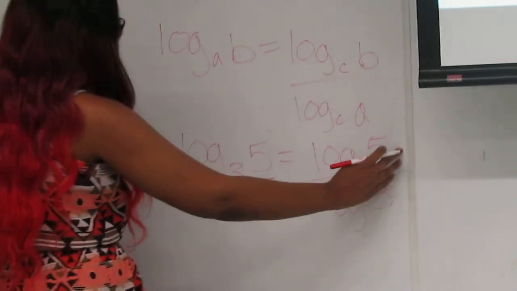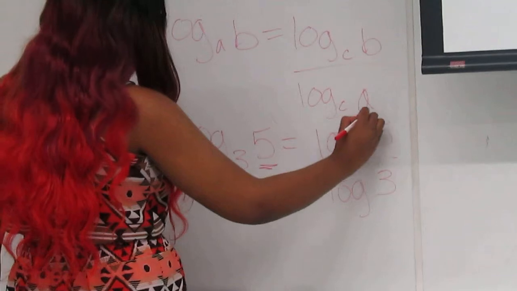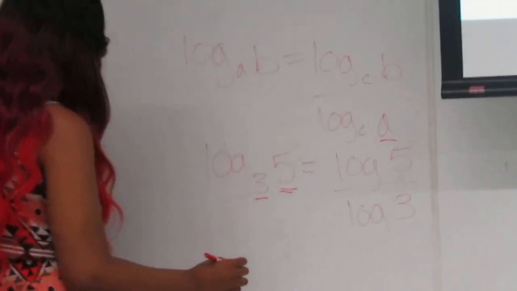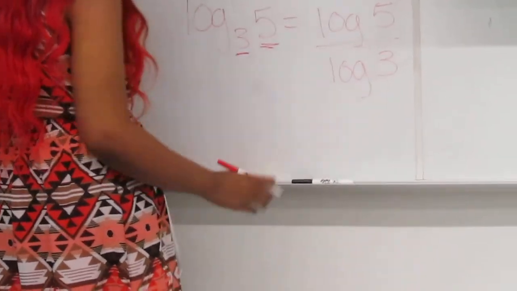So that will go to the top, and then the bottom calls for a, and a is the base for the equation that is given. So that goes to the bottom, so it would be log 3.